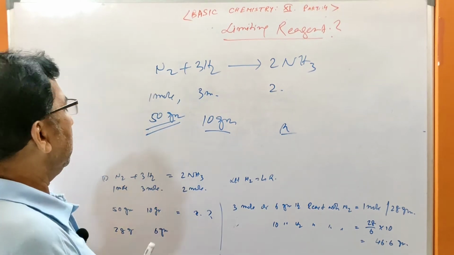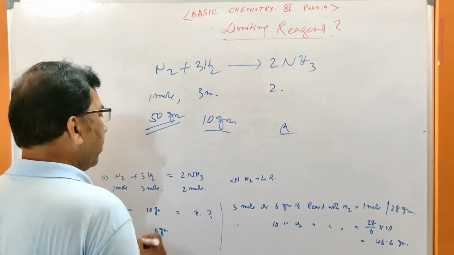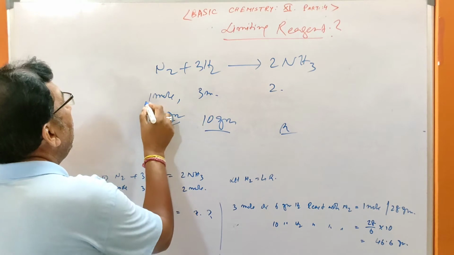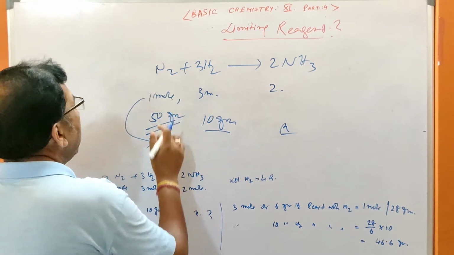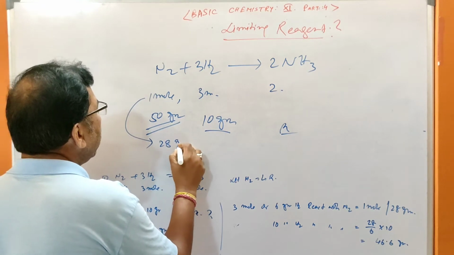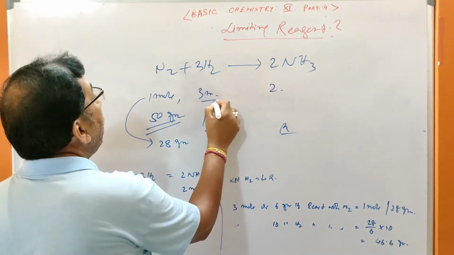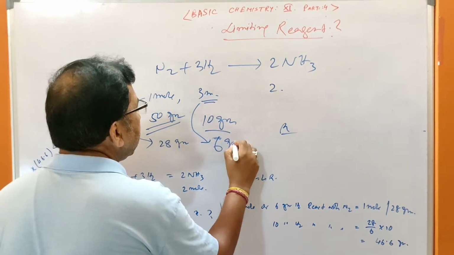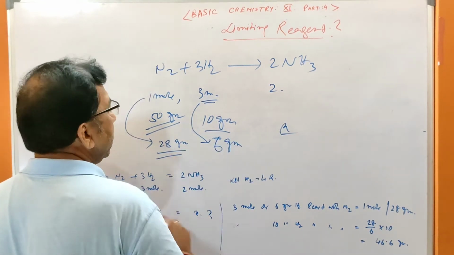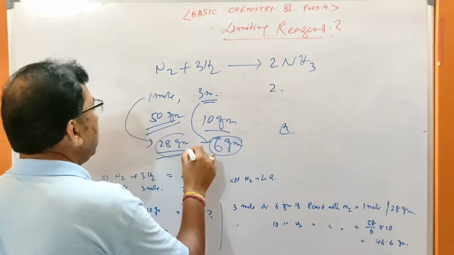We can write 1 mole of N2 as 28 gram, and 3 moles of hydrogen as 6 gram. So 6 gram of hydrogen is needed with 28 gram.